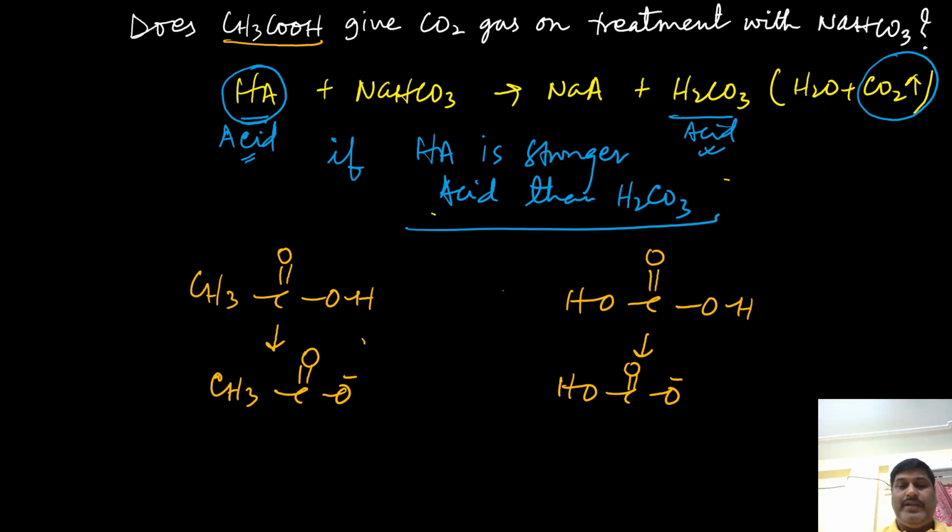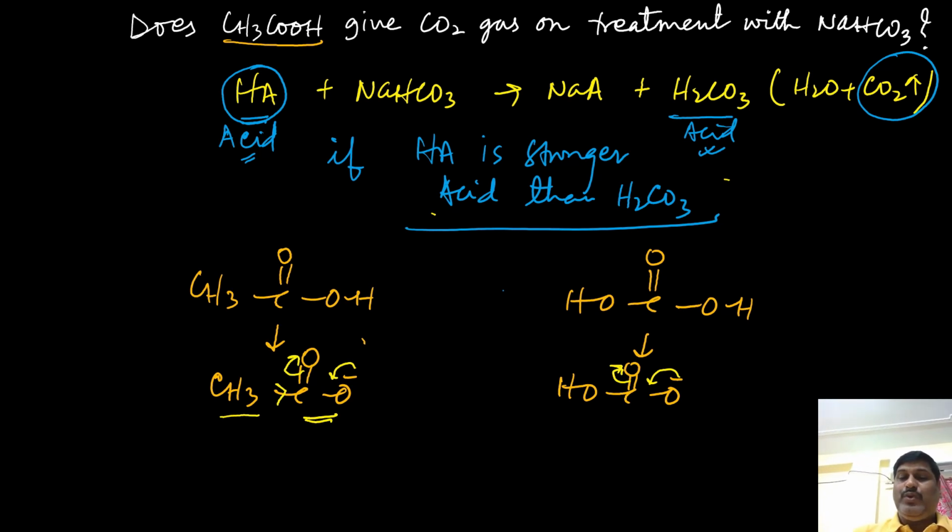We find that almost both have the same stability. There also COO minus, here also COO minus. Now how do we find which one is more stable and which acid is stronger? Very simple. In the stability of this COO minus, CH3 has an electron releasing effect, and that decreases its stability.